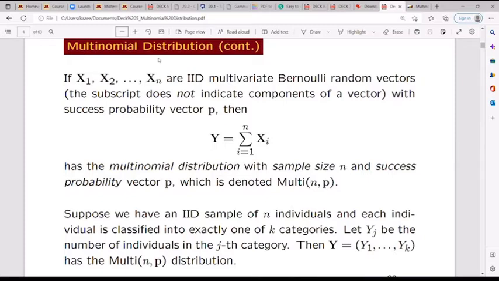I think a chat came in. Somebody said, does the vector p look like something like 0, 0, 1? Yeah, it looks like that. You are right. Let me just say, what looks like that is not p, it should be x. Somebody asked me whether p looks like 0, 0, 1, 0. No, what looks like 0, 0, 1, 0, 0 is going to be x, not p.